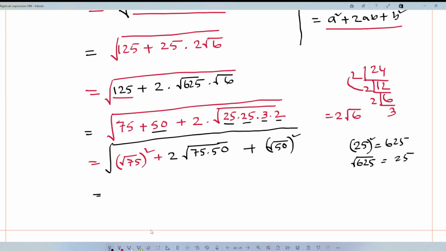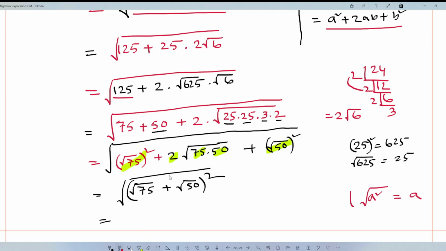Now the whole thing looks like a square plus 2ab plus b square. So the whole thing we can write as (root 75 plus root 50) whole square, under a root. We know a square under a root means a, so the root and square are omitted. So our answer is root 75 plus root 50.